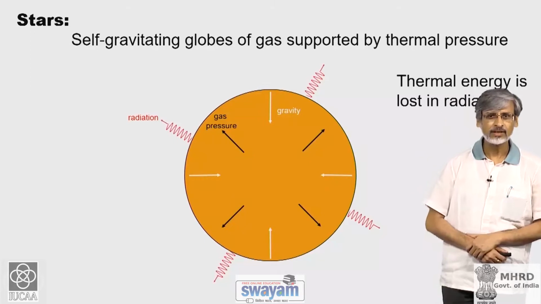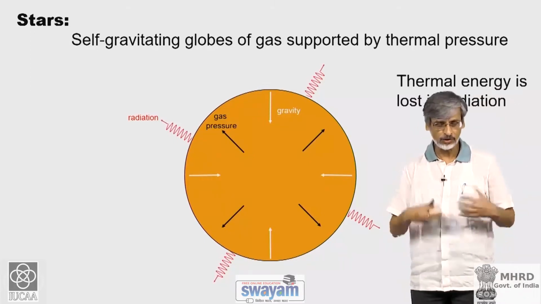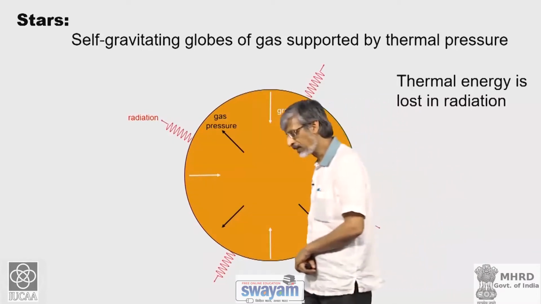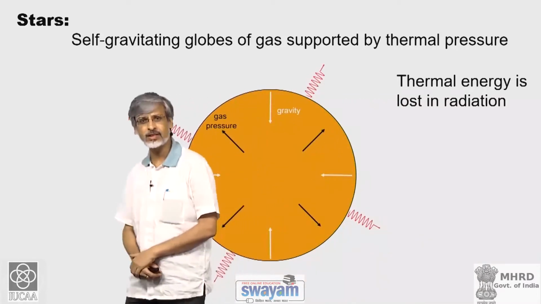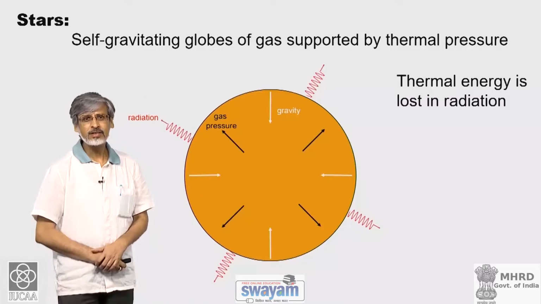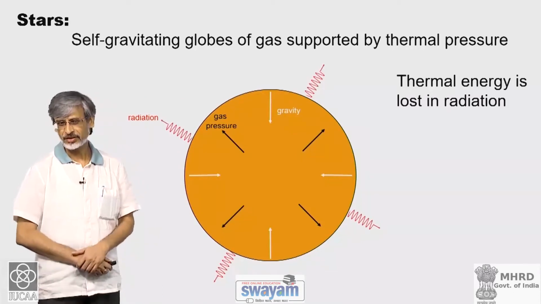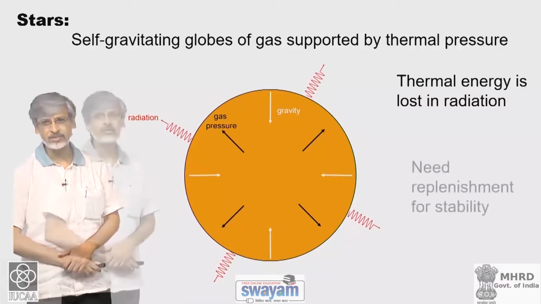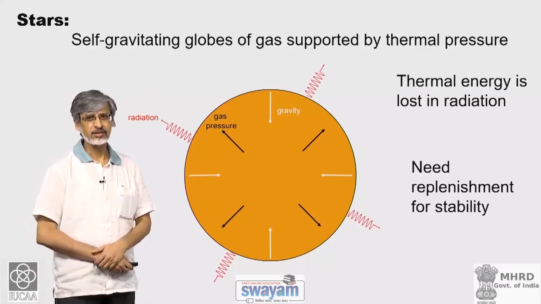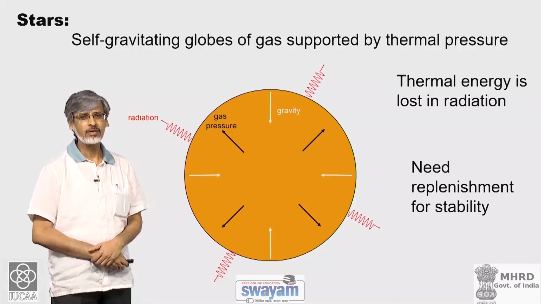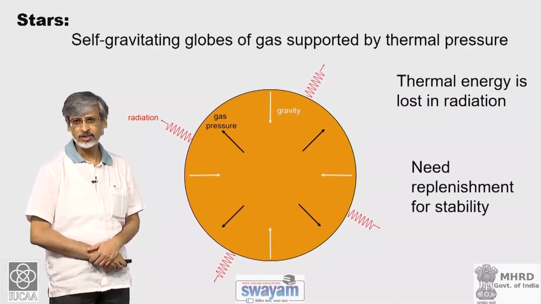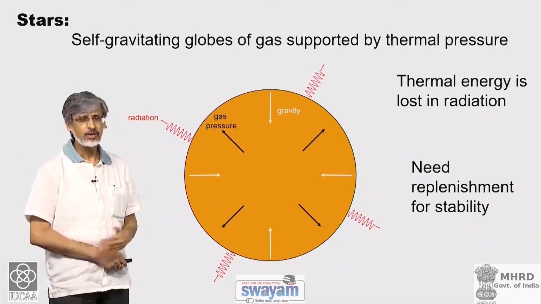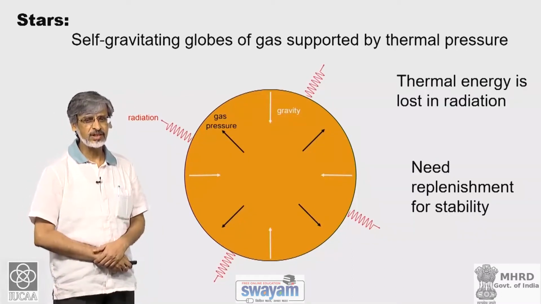So, the thermal energy, which is also being used to generate the pressure that is holding the star up, is being lost in radiation. So, as the thermal energy is lost in radiation, you need to replenish this thermal energy for stability to continue. This replenishment happens for the stars that we see.